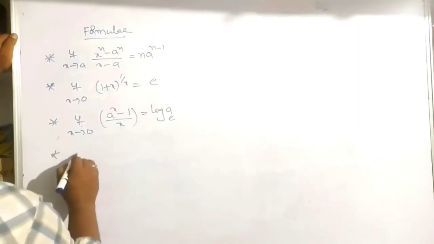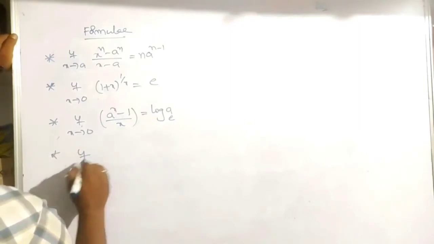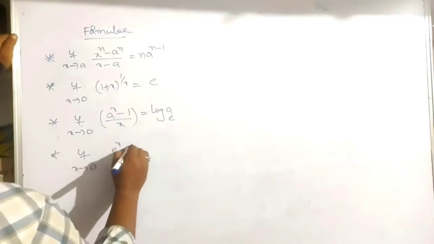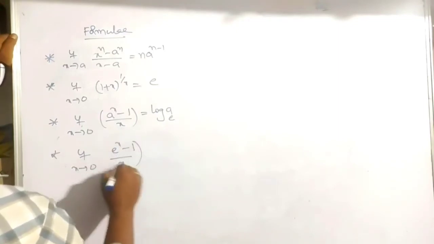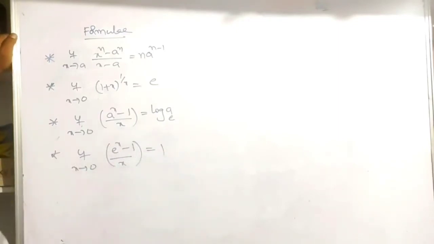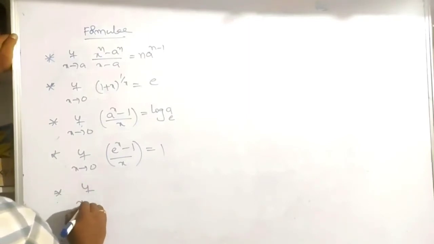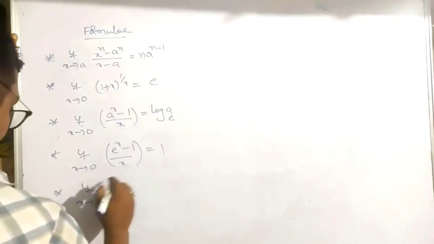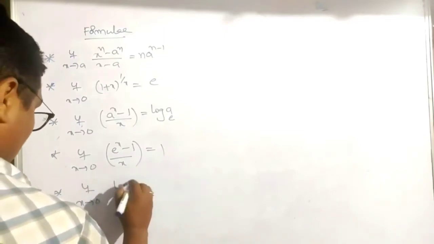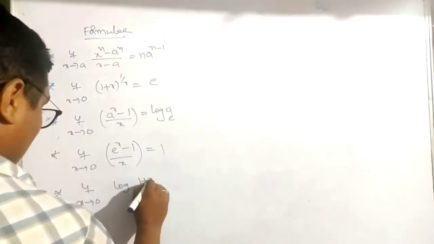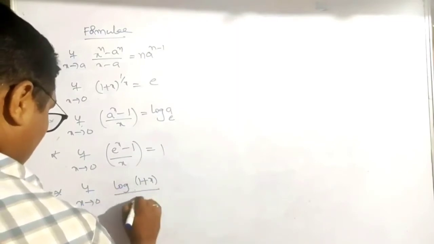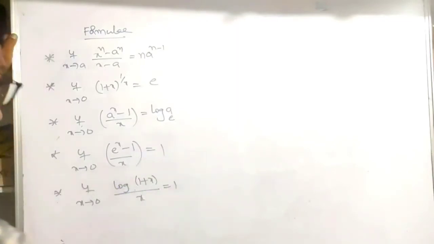Next, limit as x tends to 0 of (e^x minus 1) by x is equal to 1. Same way, limit as x tends to 0 of log of (1 plus x) by x is equal to 1.